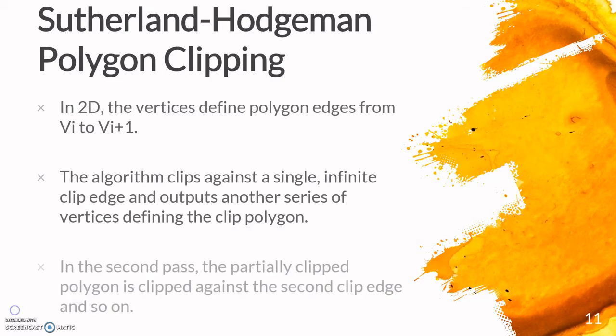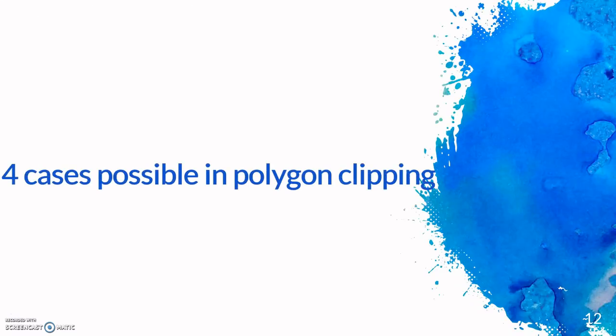In the second pass, the partially clipped polygon is clipped against the second clip edge, and so on. At each step, the algorithm adds 0, 1, or 2 vertices to the output list of vertices that define the clipped polygon.